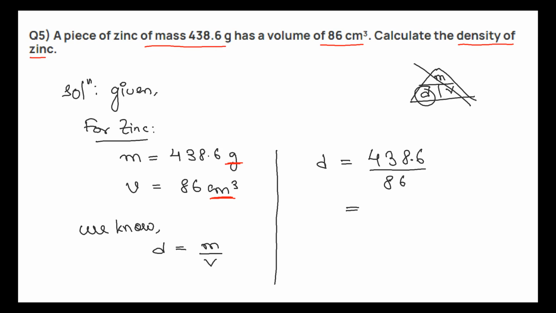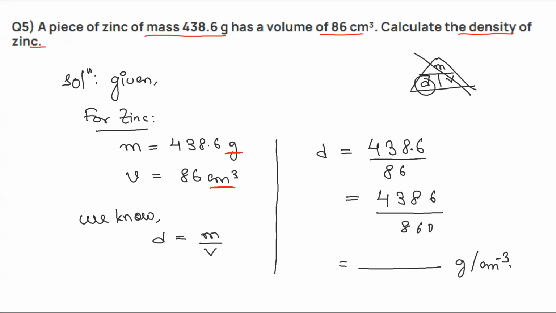So if I remove this, it will become 4386 by 860. Now just simplify this. Whatever the answer comes, that will be your answer in gram per centimeter cube. Finished. I just have 5 more minutes, so I will not solve this question. Just divide this. Whatever is the answer, same only. Finished. Nothing to worry about. Okay, next question.